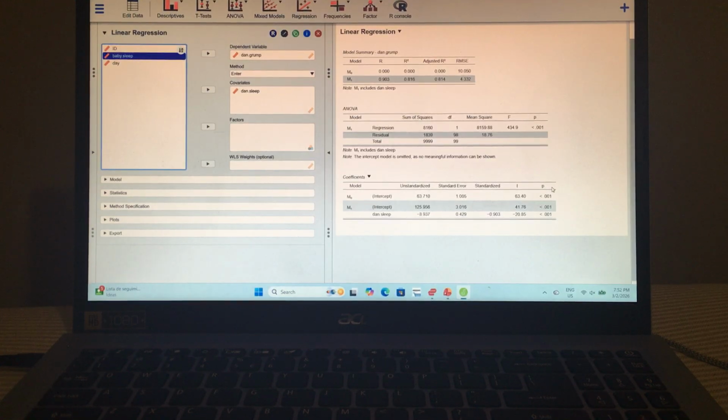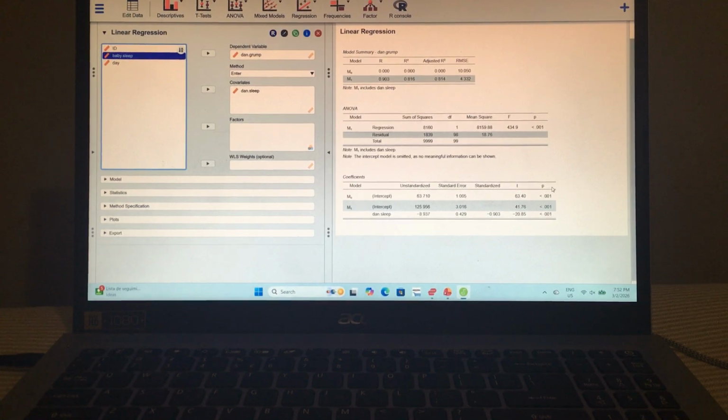This is not what we want. We want the model that includes our independent variable, so what we actually want is the M subscript 1 row of the table.